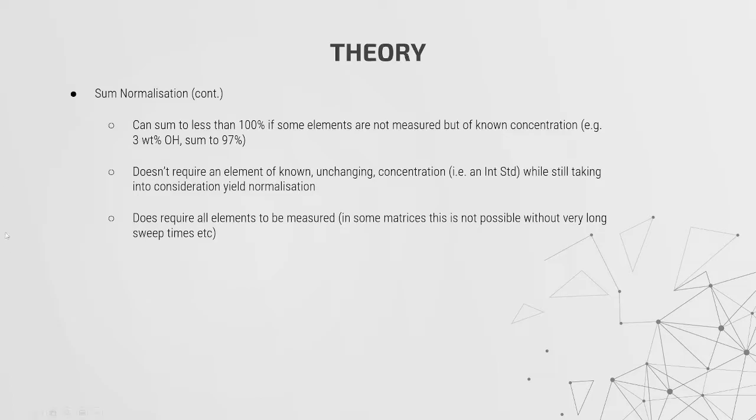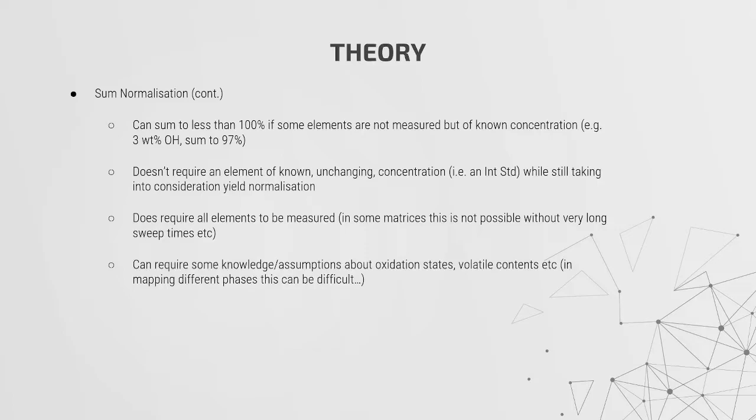This has implications for your sweep time. So if you're measuring 50 elements, all with 10 milliseconds dwell time, then you're going to have a very long sweep time, which will affect your time resolution, which will then affect how fast you can scan. And it also requires some knowledge or some assumptions about your oxidation states and your volatile contents.